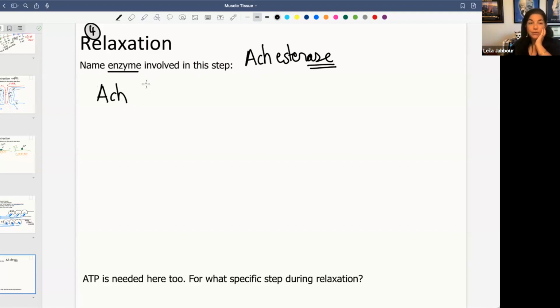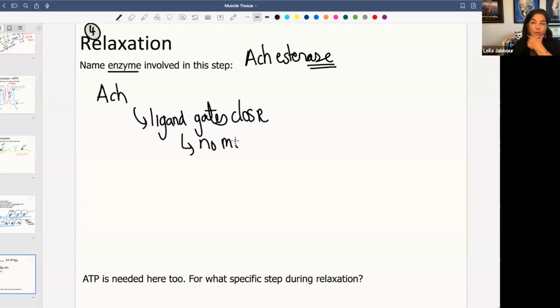So we're going to have the ligand gates closing, they close. So no more action potential, right? We do not have the depolarization of the membrane anymore. If we close all of these channels, there are no more ions coming in, depolarizing, there is no more excitation.